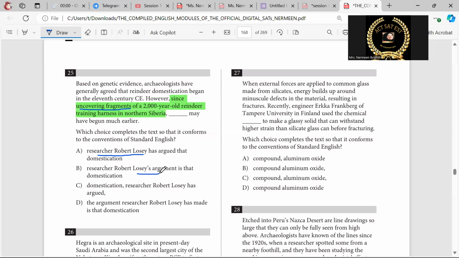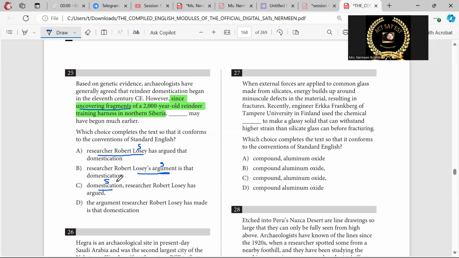So be careful when you have an apostrophe. What is the subject here? Can you tell me the subject in letter A? Letter A is Robert Losey, and B is the argument. Excellent, that's the subject. The argument is the subject. Now, letter C, domestication, that's the subject, right?